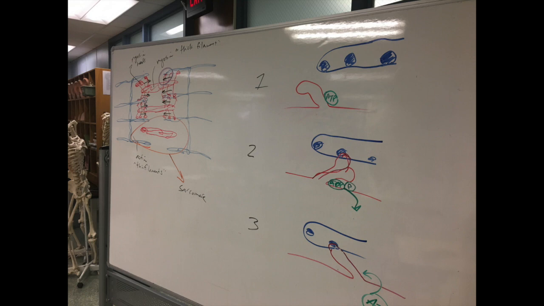And when it binds to that myosin head, that ATP hydrolyzes, okay? And when it hydrolyzes, it splits into what? When that energy is released from ATP, what does ATP turn into? ADP and P. Okay, so now I'm just going to draw this same guy under here.